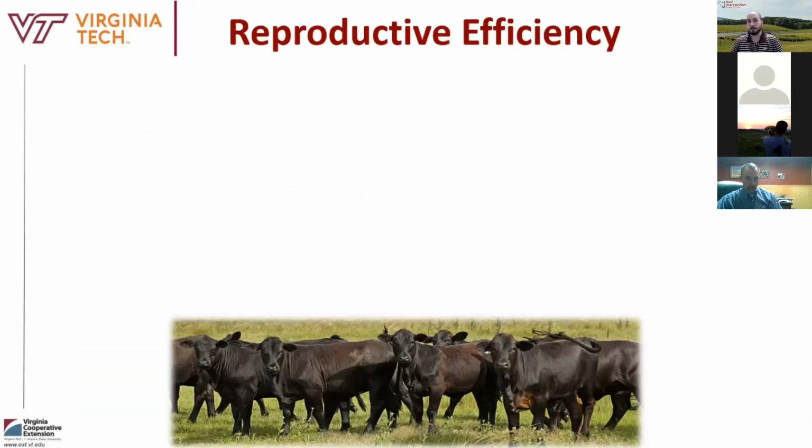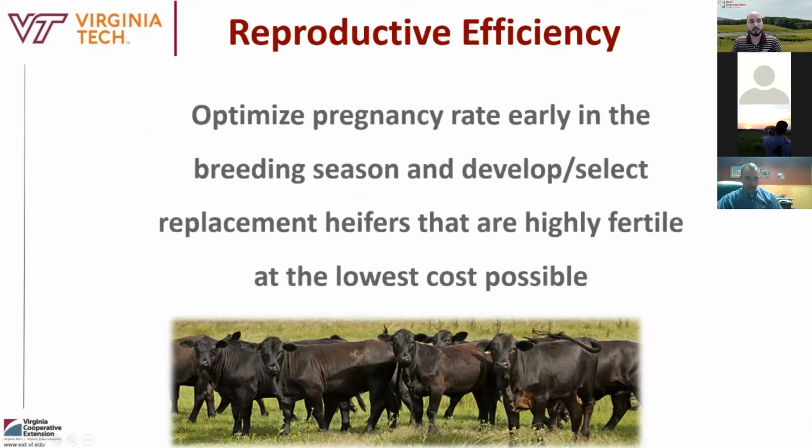People might define reproductive efficiency a little differently than myself, but this is how I think about it: to optimize pregnancy as early as possible in the breeding season, and also to select and develop replacement heifers that have high fertility, all at the lowest cost possible.